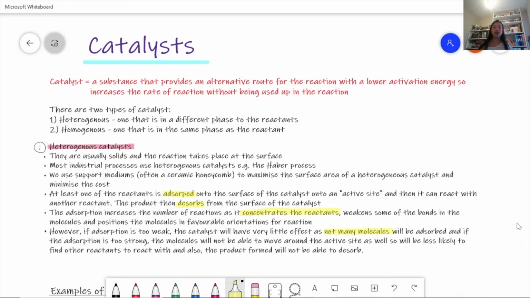Also, the product formed will not be able to detach itself from the surface after reaction, so it will not be able to desorb.